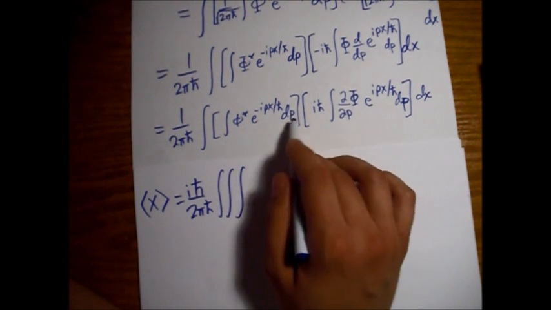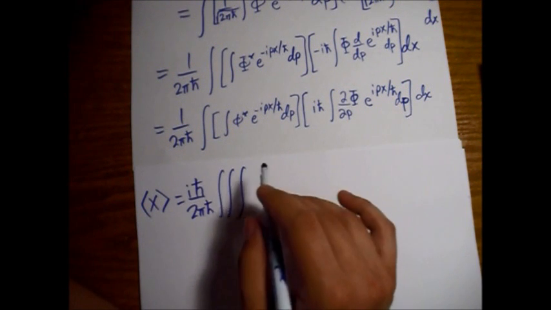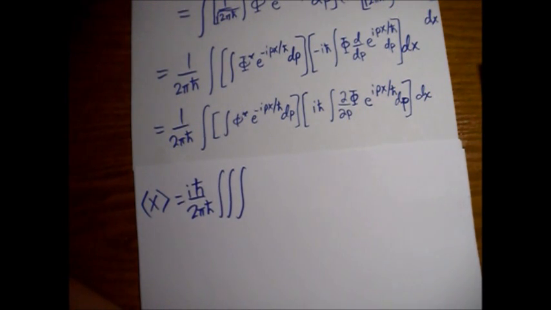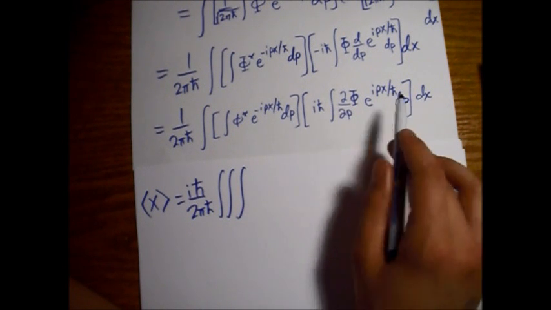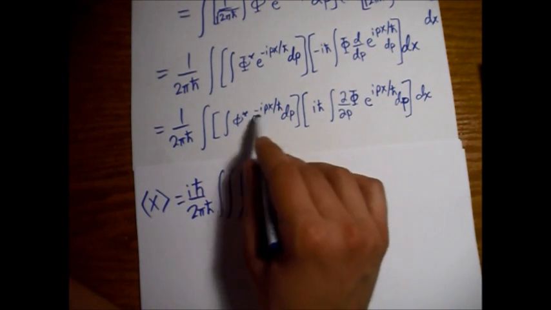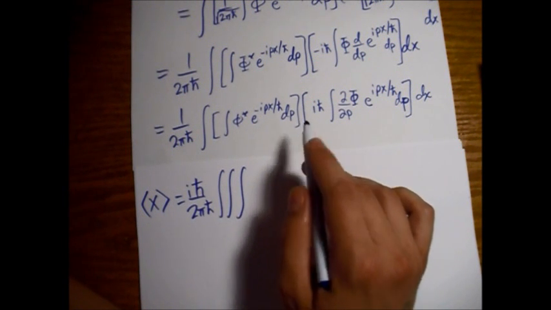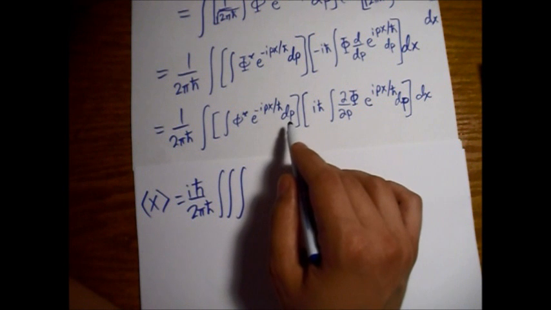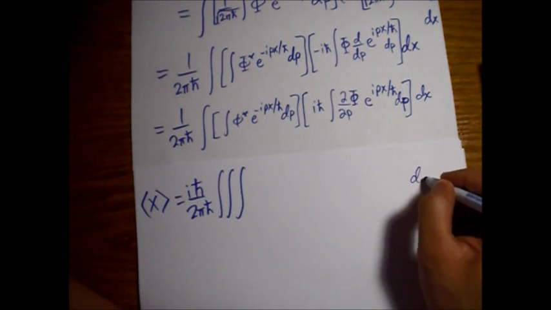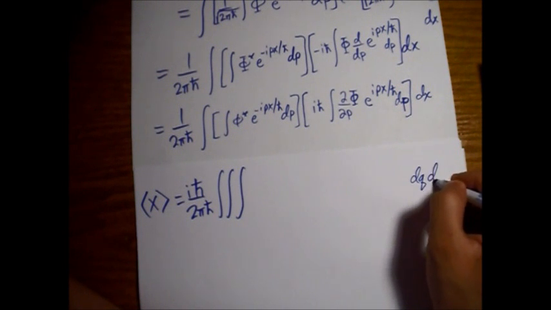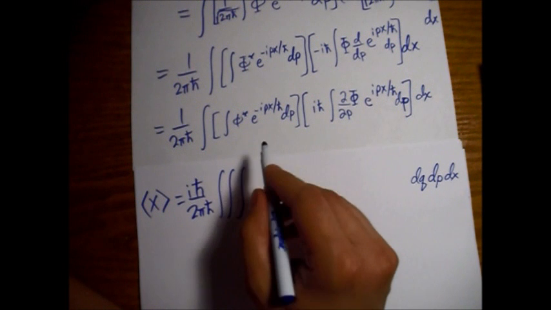You can't do this with the same variable of integration, so I'm going to change this first one to a q. So on the end we'll have dq, dp, dx.